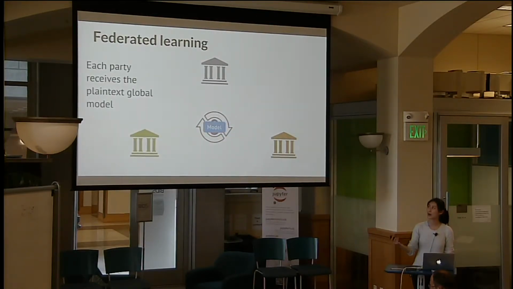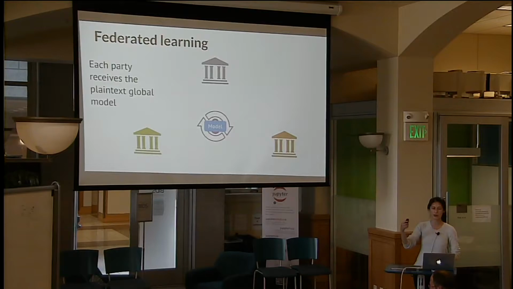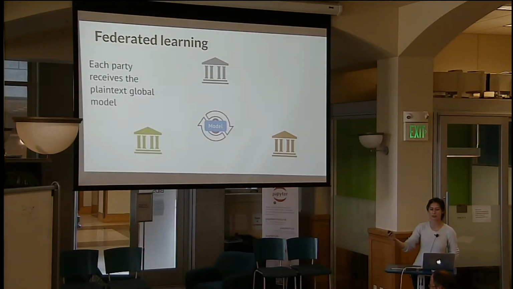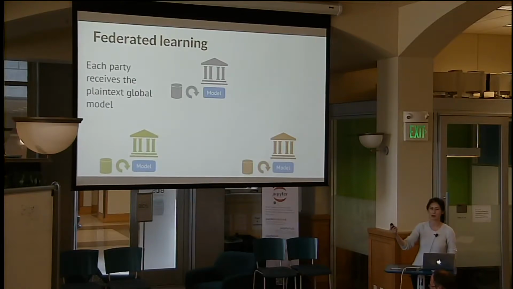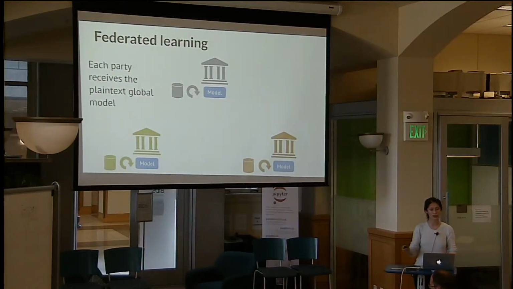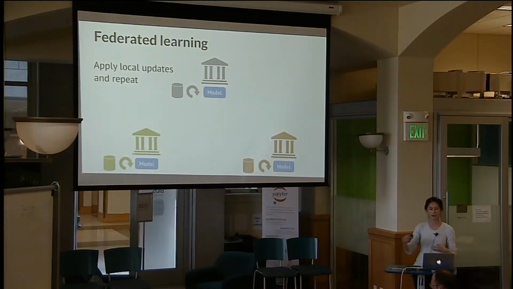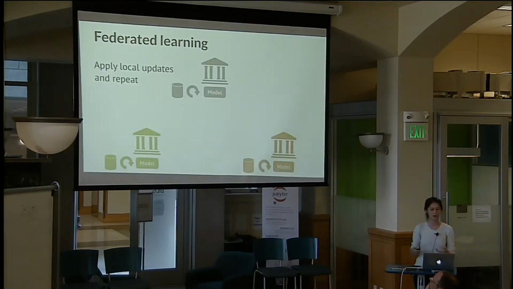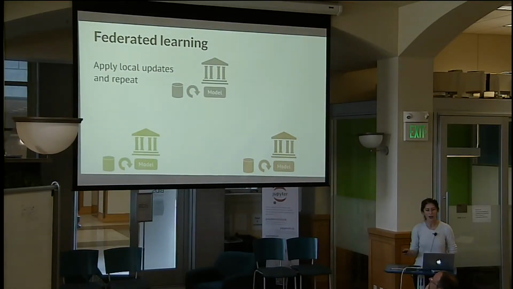Each party receives the plain text global model from the secure multi-party computation. With this model in plain text, they can further refine the global model using their local data, apply the local updates, and repeat this iterative process. So this is federated learning.